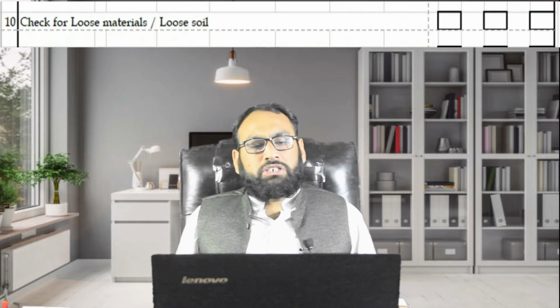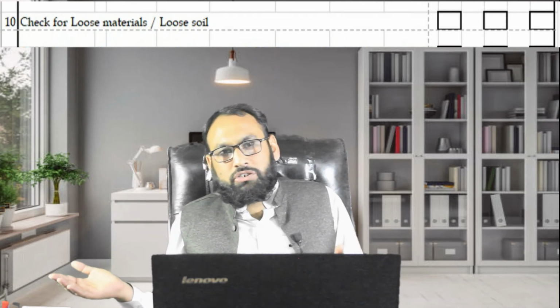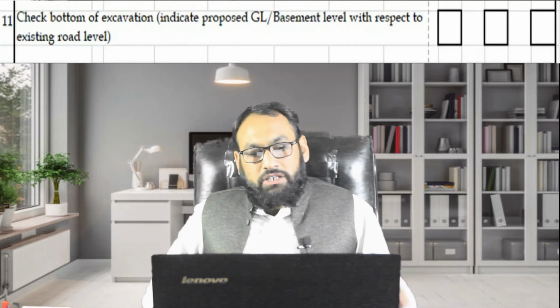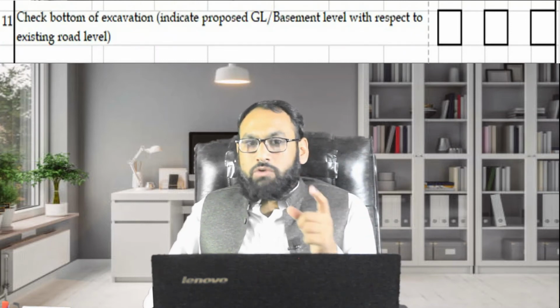The tenth point is loose material. Check for loose material. If loose material is available, you must bring this to the knowledge of the engineer in charge. The eleventh point is to check the bottom of the excavation and indicate the proposed ground level. This is an important point: check the road level and then check the excavation bed level.